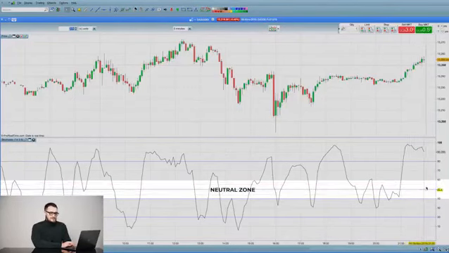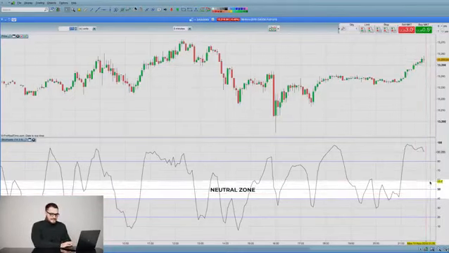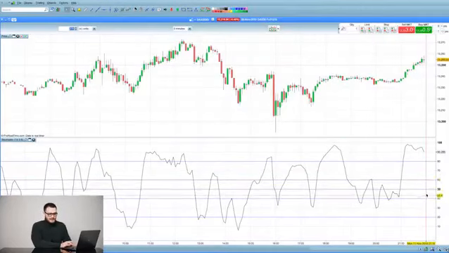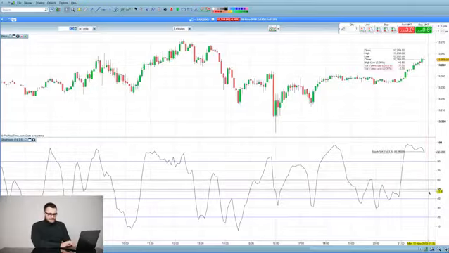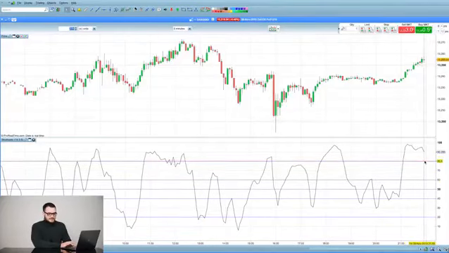This zone is also quite important, and we must be able to see with the naked eye that the stochastic is in the neutral zone. So having these lines here is a visual benefit. So 80, 60, 50, 40, and 20 will be the lines that we are going to be using a lot.